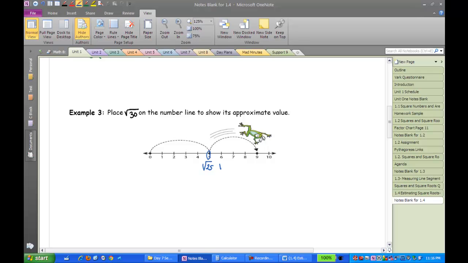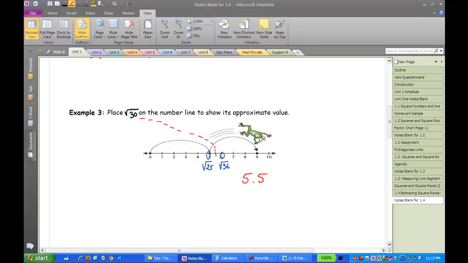And the square root of 36 is 6. 30 is about halfway between 25 and 36. So we can safely plot the square root of 30 about halfway between 5 and 6. Therefore, it's probably around 5.5.